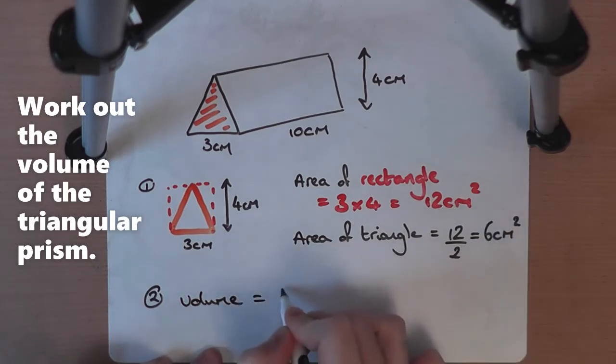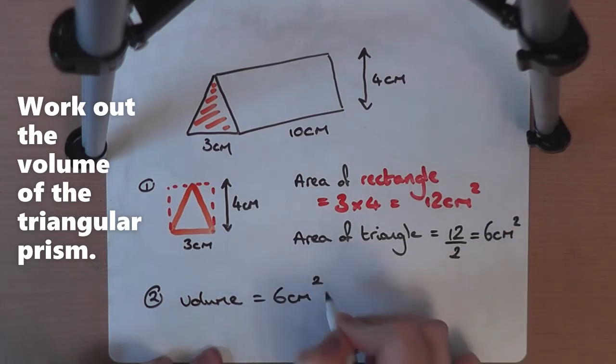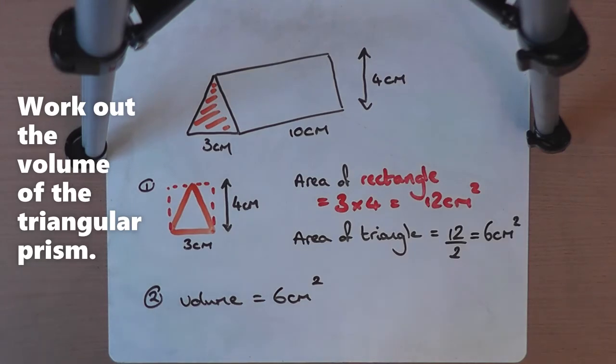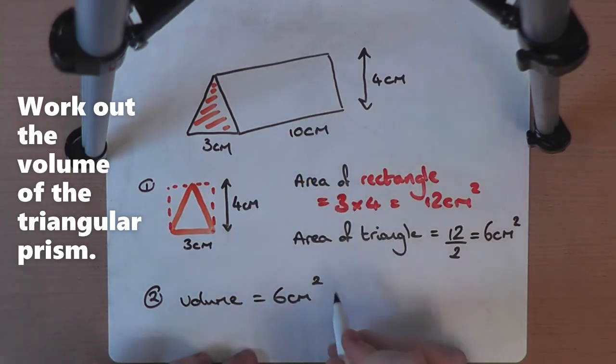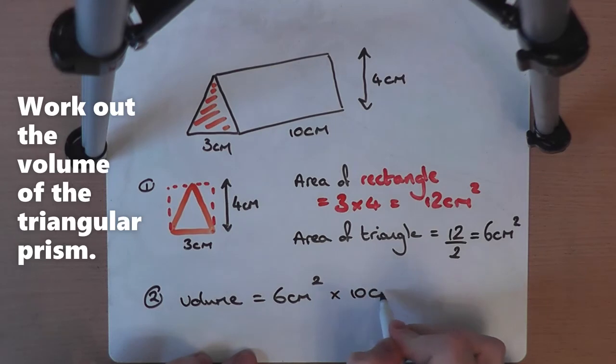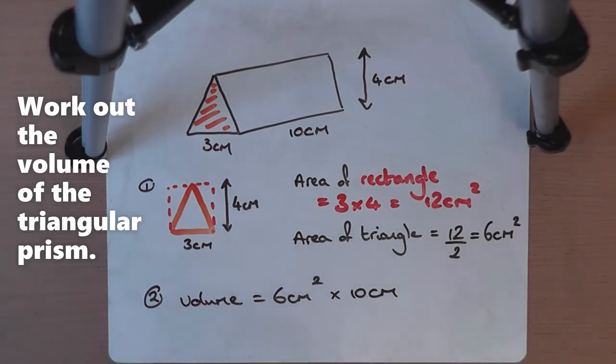I'm going to take that area of 6 centimetres squared and I'm going to pull it back into 3D space. I'm going to pull it back by 10 centimetres worth. So I'm going to have 10 centimetre lots of the 6 centimetre squared. That's the layering to make it into a 3D shape. 6 by 10 is 60, and my units are going to be units cubed, so 60 centimetres cubed.